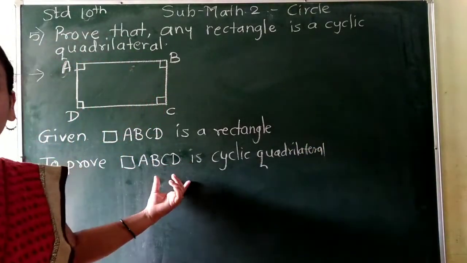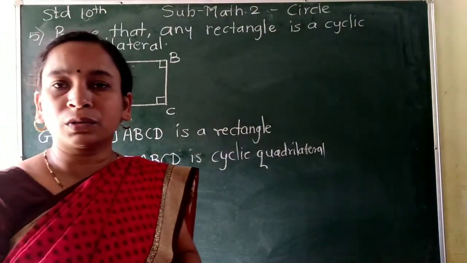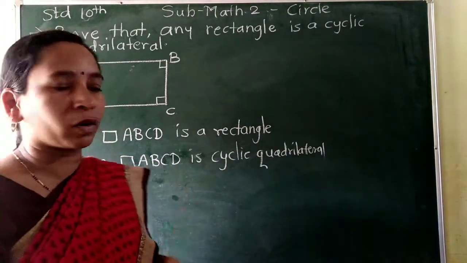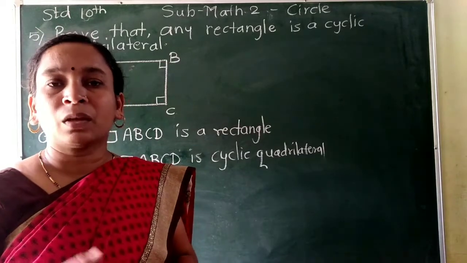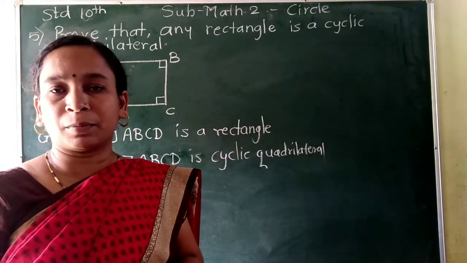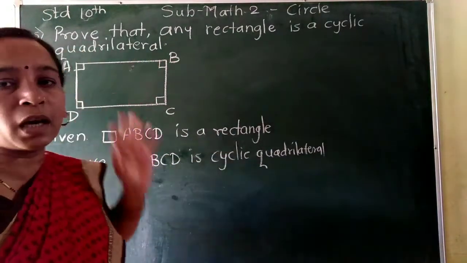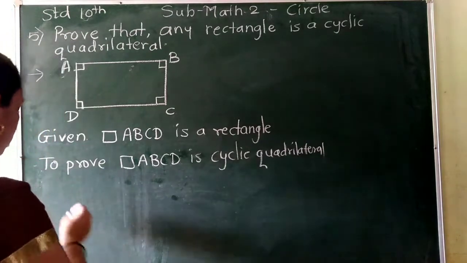How will we prove this is a cyclic quadrilateral? To prove this, we are going to use the cyclic quadrilateral theorem. The cyclic quadrilateral theorem says that the opposite angles are supplementary. So here I will try to prove that the opposite angles are supplementary.